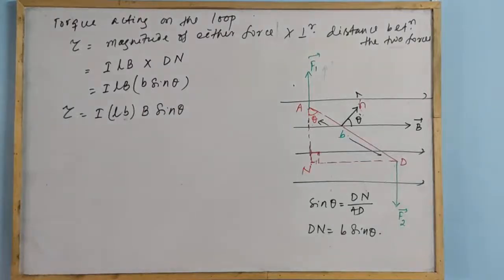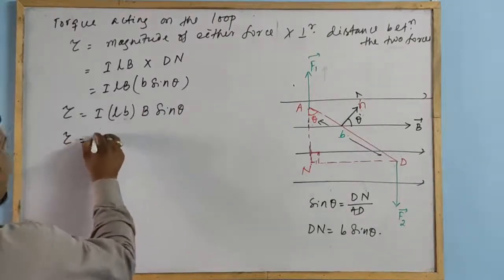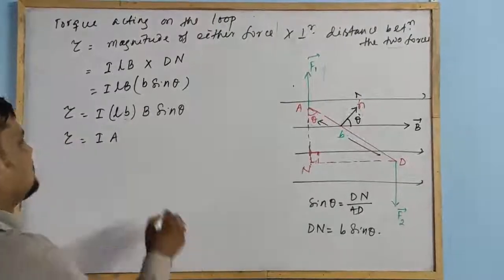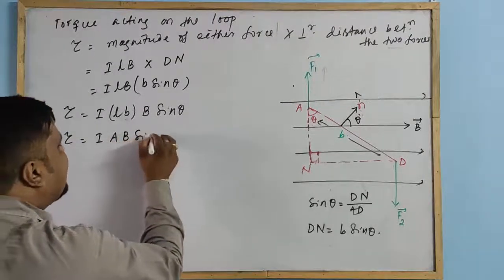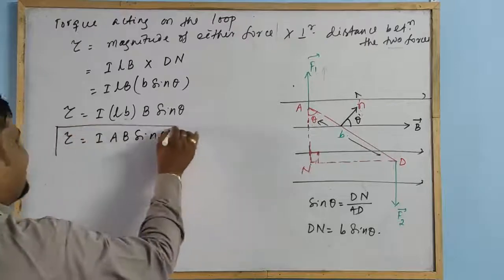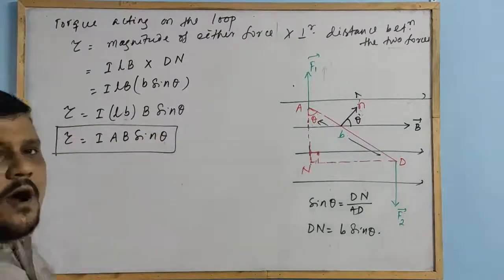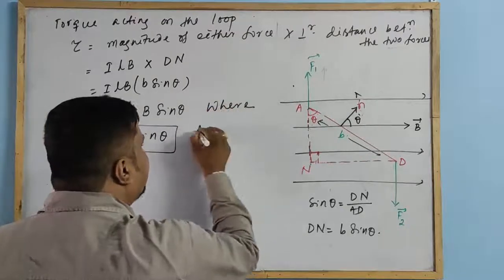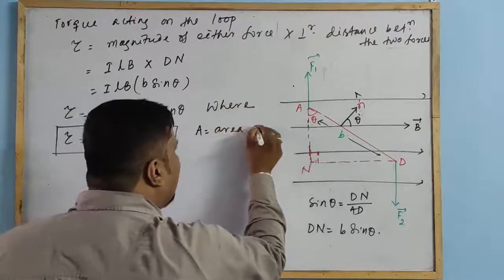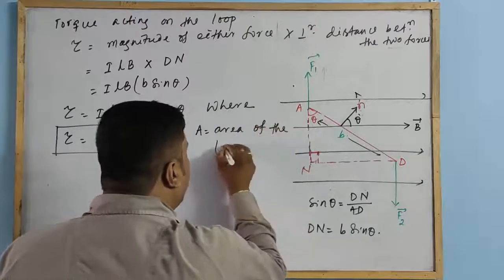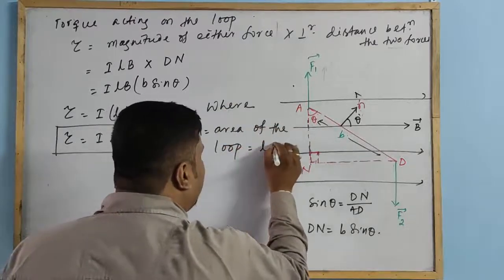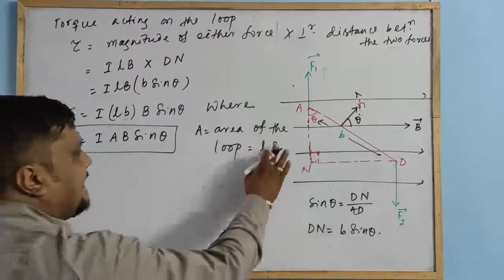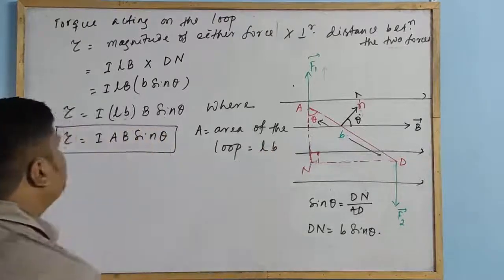Clear? So I can write tau is equal to I, length into breadth is equal to the area of the loop, into B sin theta. This is the magnitude of torque, where A is the area of the loop, that is equal to length into breadth.